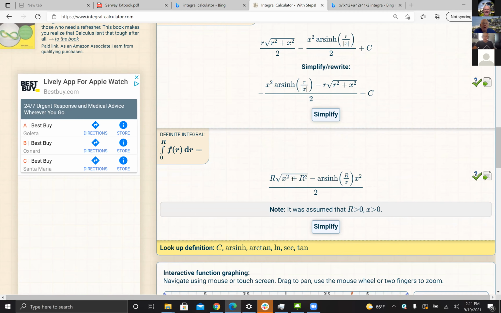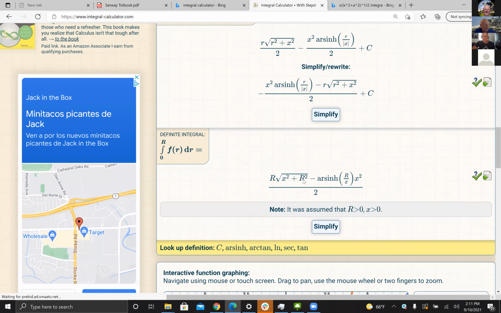You get r times the square root of x squared plus r squared, minus the arcsinh of r over x squared, over 2.